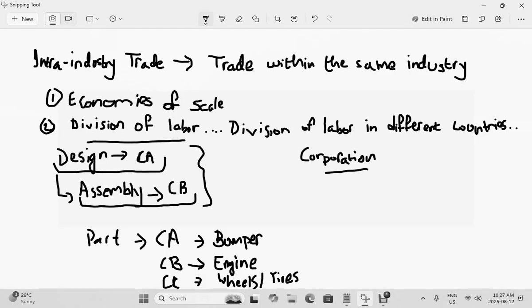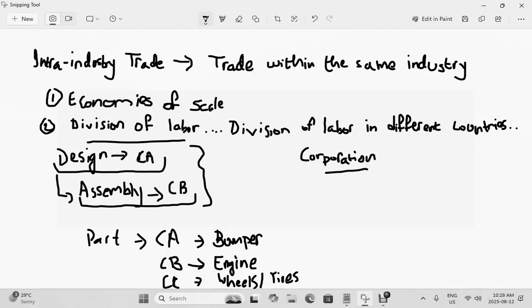So that way you have parts being made in Mexico and Canada, and they get exported to the U.S. to make the finished product. So in that case, you have a trade within the same industry, but between multiple countries, because you have the same corporation that is importing and exporting parts that it needs to make the finished product between different countries. So that has to do with division of labor.